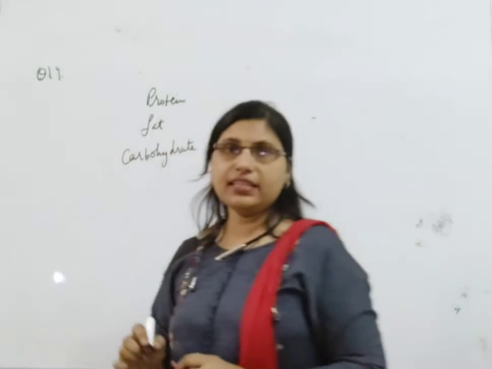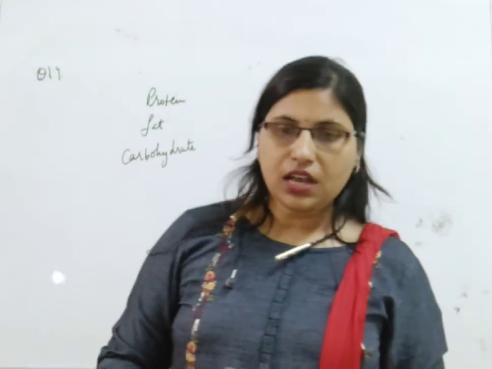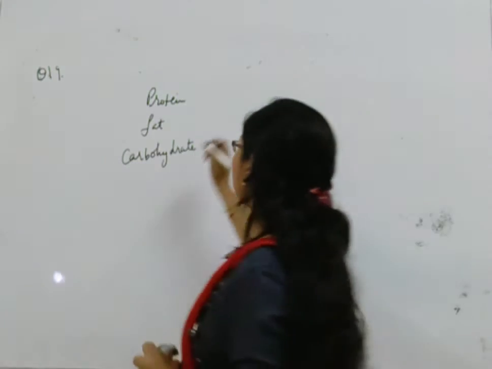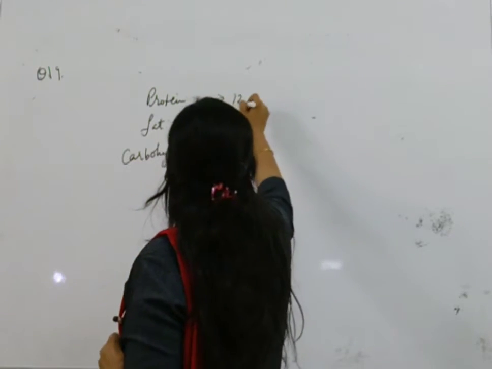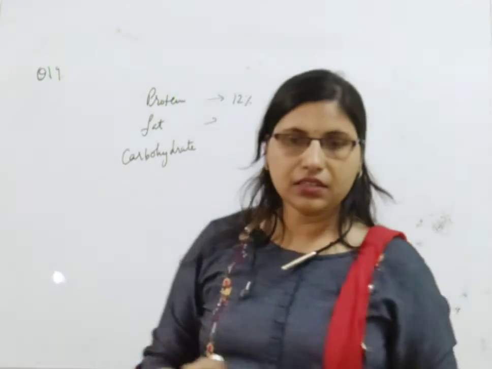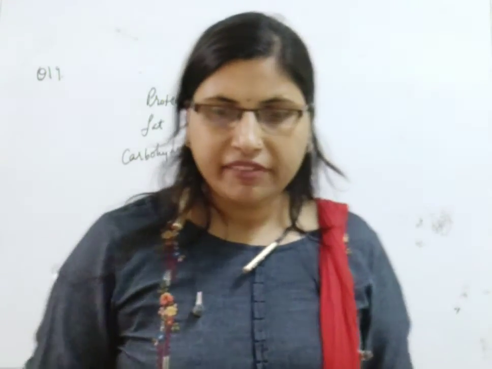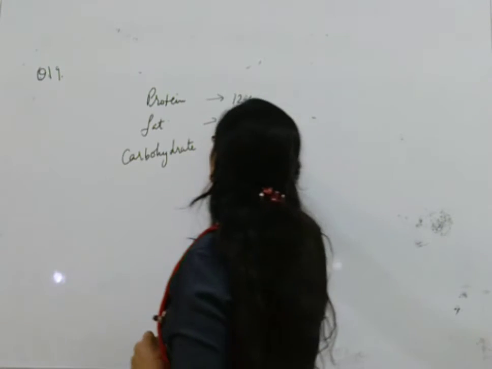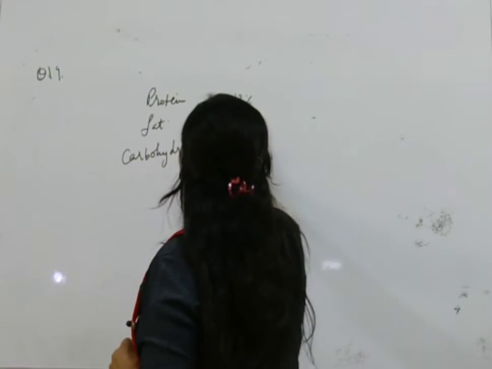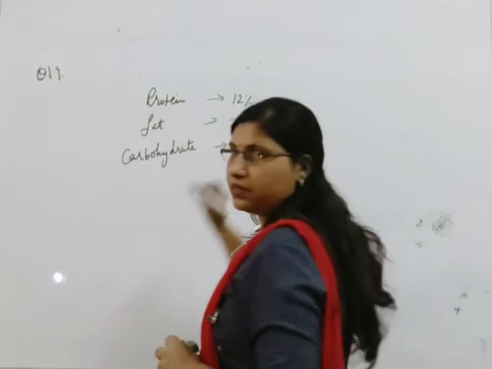And all the three things are given in the form of percentage. How much protein? 12%. How much fat? Fat is given 25%. And how much carbohydrate? It is 63%.